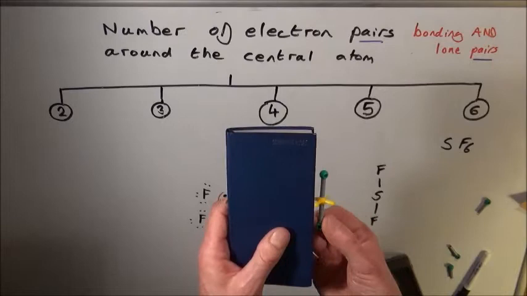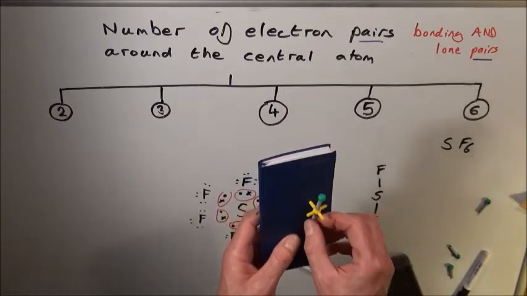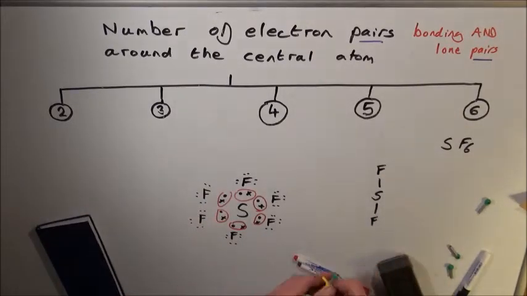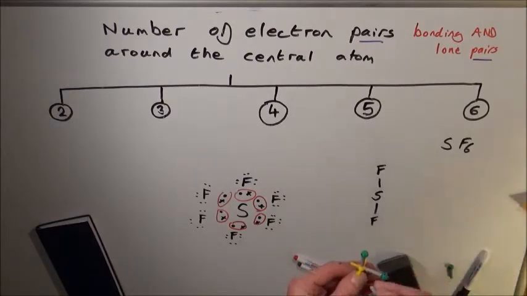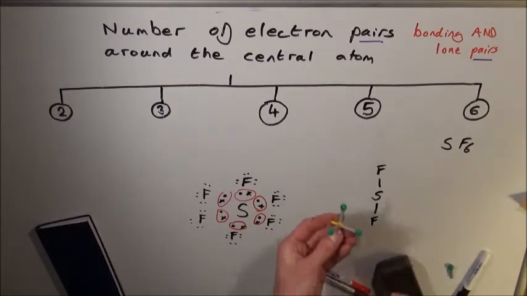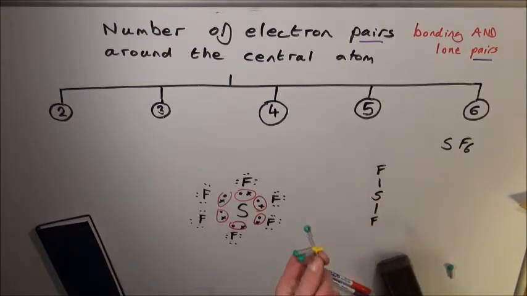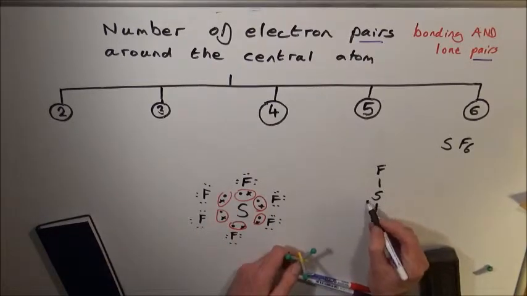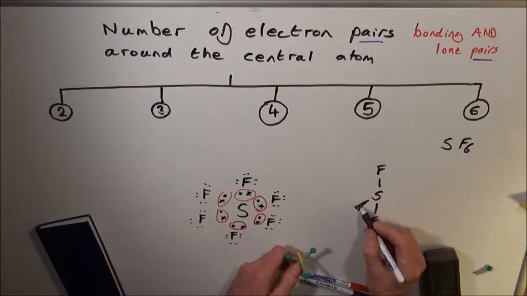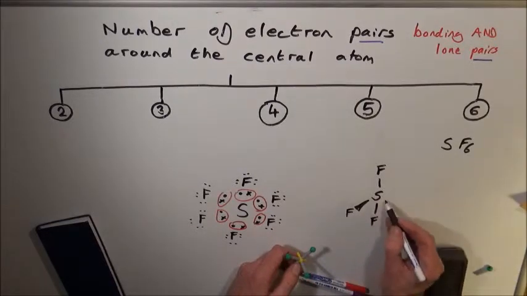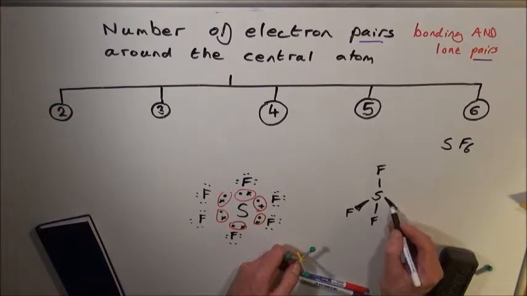The 3 atoms that are lying flat on the page, and then I've got 2 coming up from the page, and I show those as wedges coming out of the page. There's a fluorine and a wedge coming out of the page. There's a fluorine.